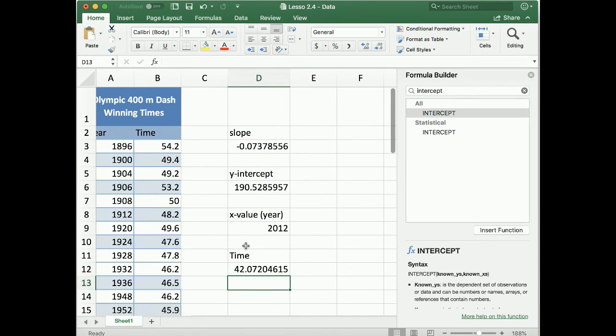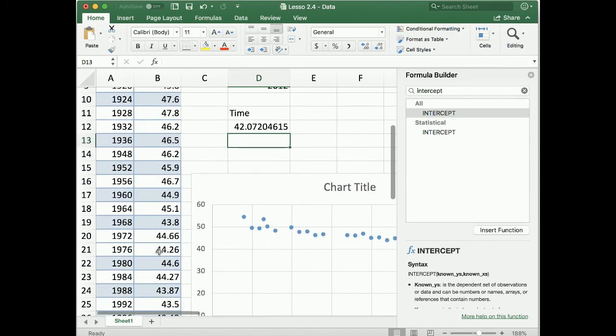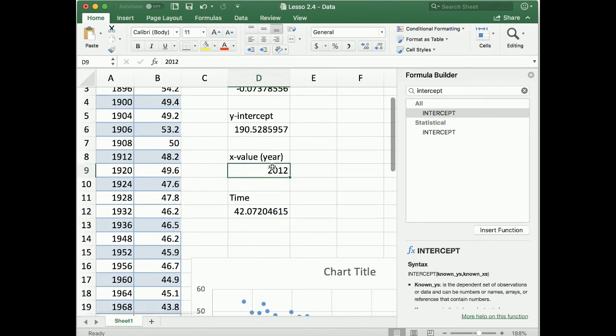Well, if you remember, that's extrapolation. It's finding something outside our data points, and we could keep going. We're close to 2020, so let's check what could happen in the 2020 Olympics. Maybe possibly someone could hit 41.48 seconds for the 400-meter dash. So that's extrapolation.